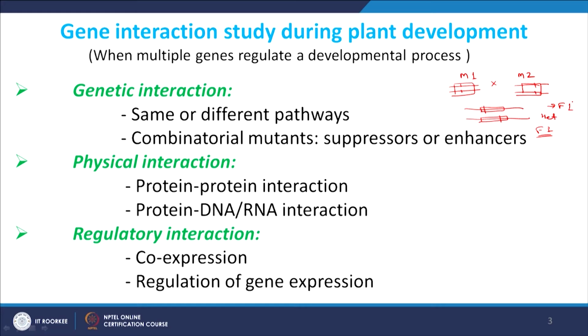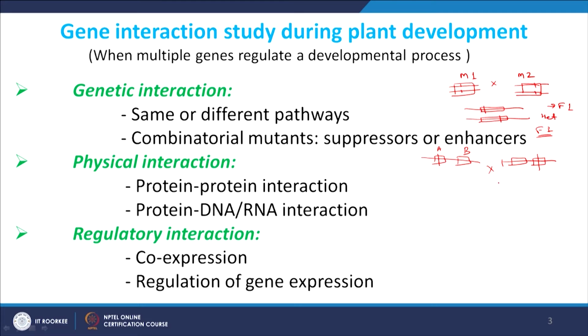On the other hand, let us assume that in this mutant the mutation is in gene A, and there is another gene B which also plays a role in the same developmental process, and in the second mutant the mutation is in gene B, both being homozygous.